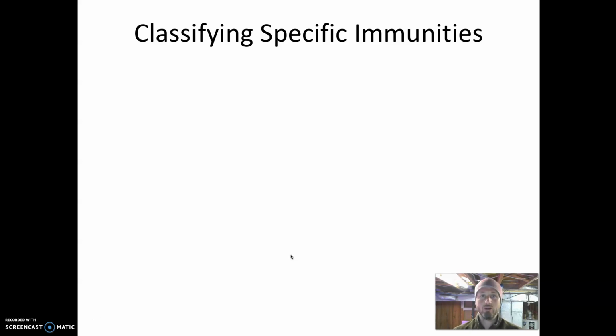So every single immune reaction that the body has, all immunity, can have a couple of labels applied to it. So all immunity is either active or something we'll call passive. So every single immune response your body performs can be classified as either active or passive.